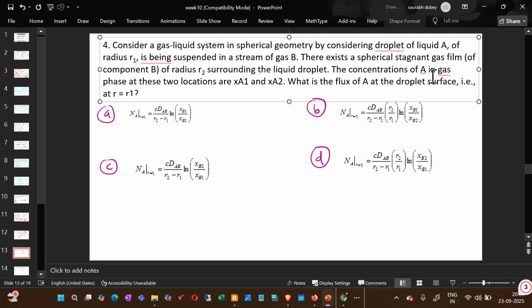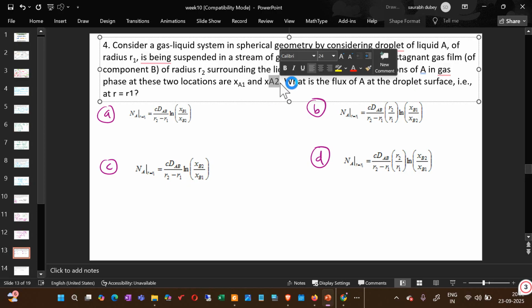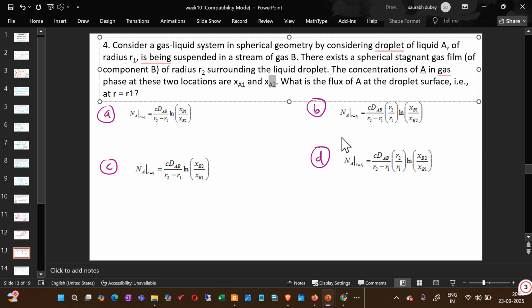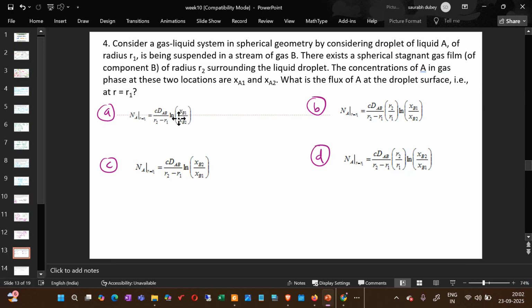The concentrations of A in the gas phase at these two locations are given as XA1 and XA2. What is the flux of A at the droplet surface, at r equals R1, right? So this is the question. Let's first save it and then solve it.